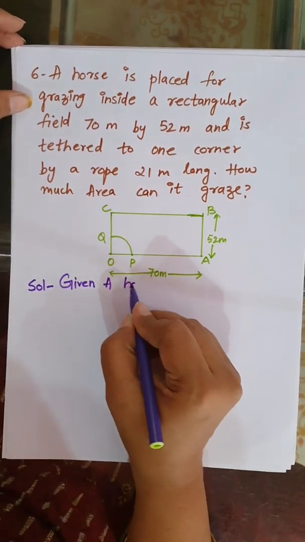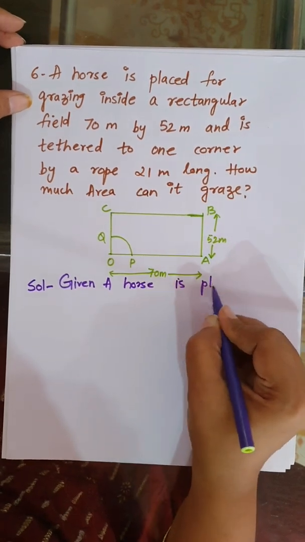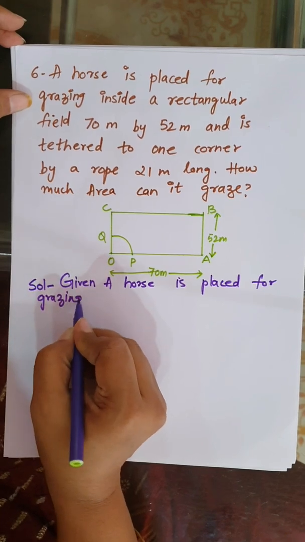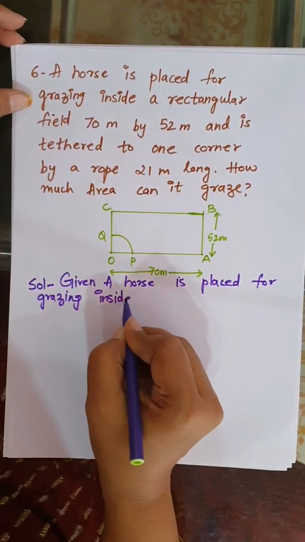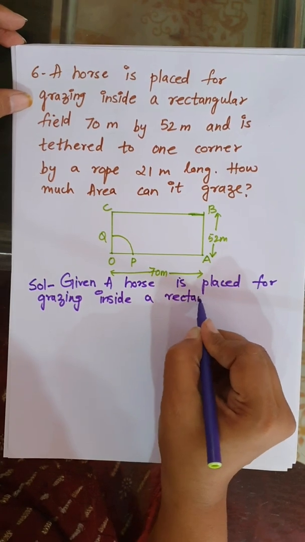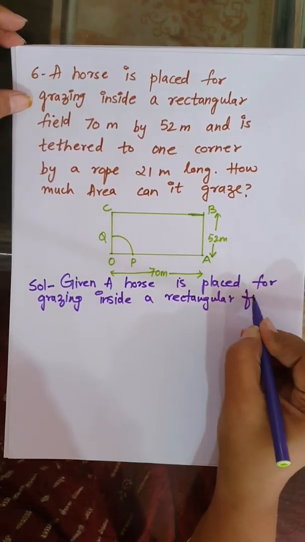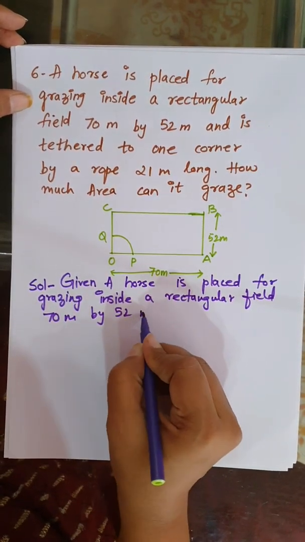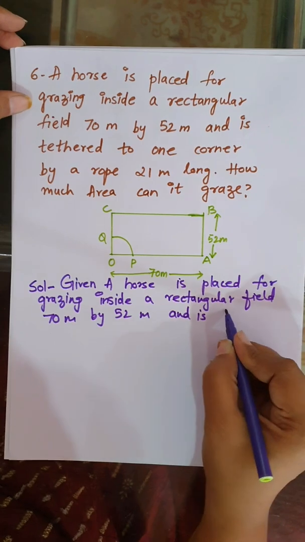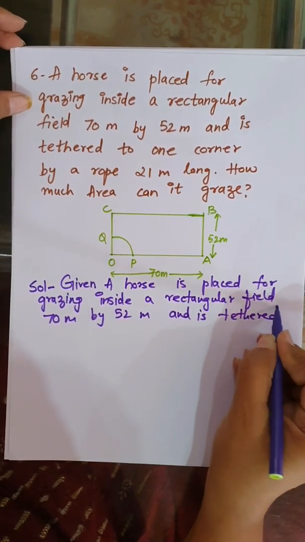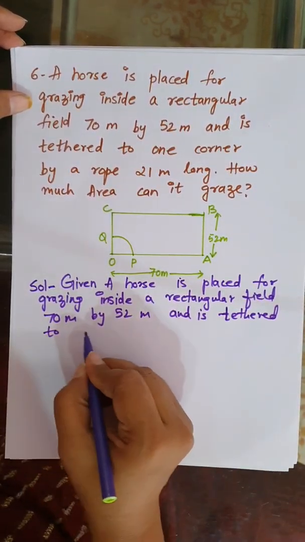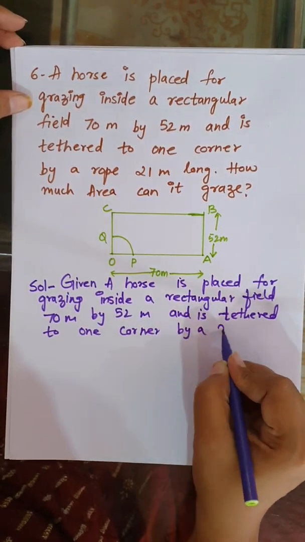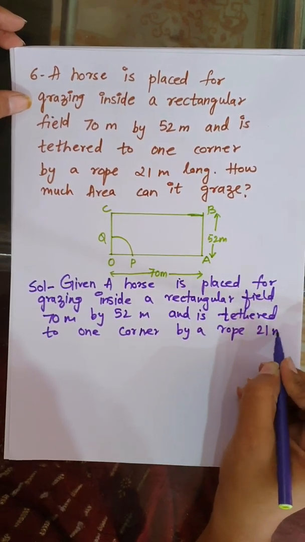Given, a horse is placed for grazing inside a rectangular field 70 meter by 52 meter and is tethered, means tied, to one corner by a rope 21 meters.